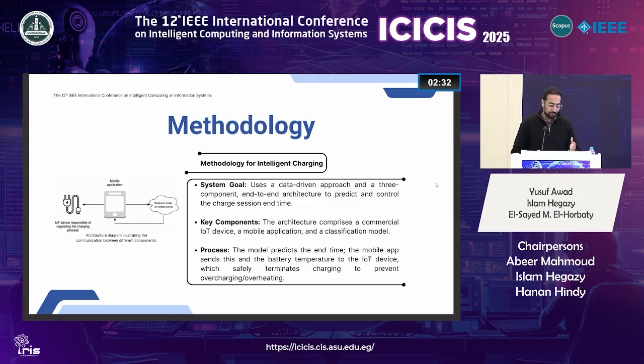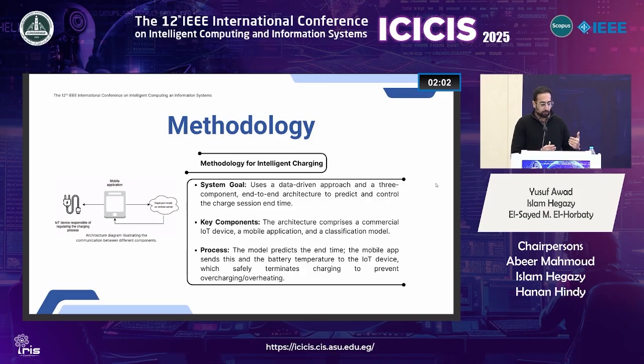This IoT device has some code that syncs with an application. This application syncs with the phone and asks the phone what it's trying to do at the beginning of the charging session, trying to calculate for one straight minute without interrupting the charging process. We try to calculate, as I said, the average rate of charge, the standard deviation for the current and the battery capacity, and we try to get the work date.